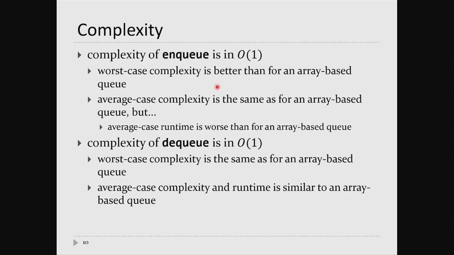So by going to a node-based implementation, we gain that part right there. So our complexity becomes big O(1), whereas in an array-based queue, the worst case complexity is big O(n). All right. So that wraps up stacks and queues. Well, that wraps up the implementation of stacks and queues.